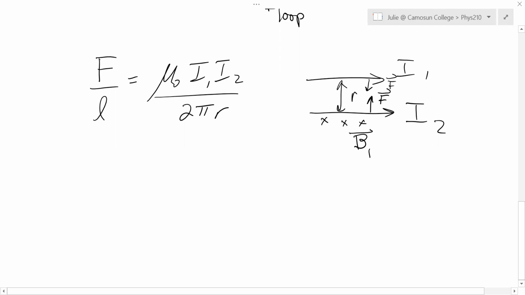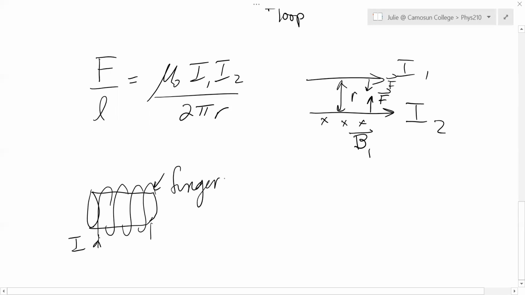Okay, so the next one is the loop. I've given you that one. A solenoid creates a nice strong magnetic field. So a solenoid is simply loops of wire carrying a current. And for the field, you'd put your fingers in the direction of the current, and your thumb is the magnetic field right through the center of this solenoid. B would be like that.